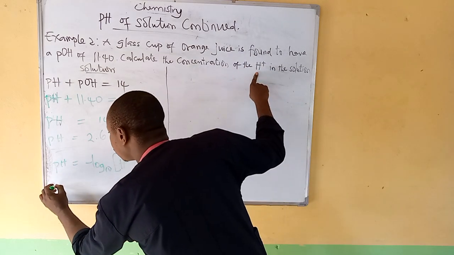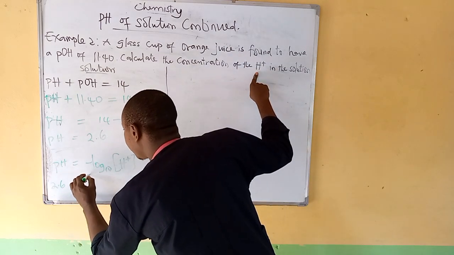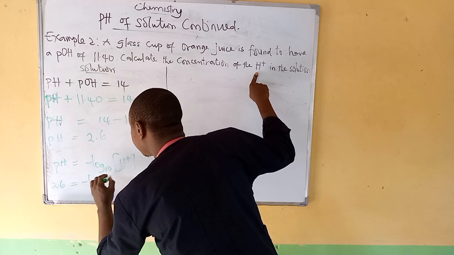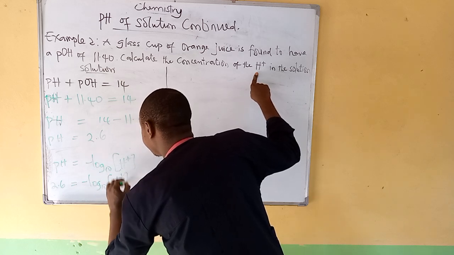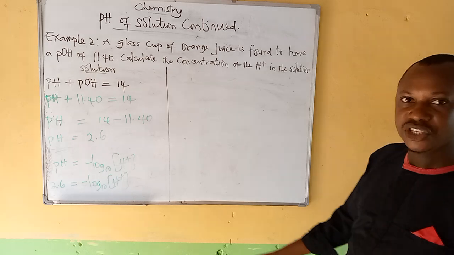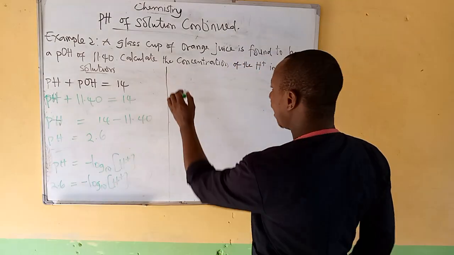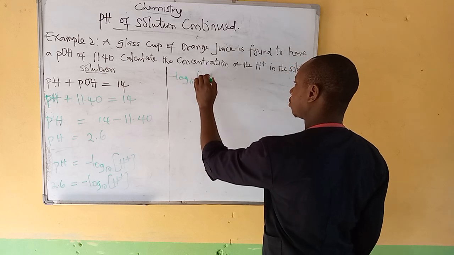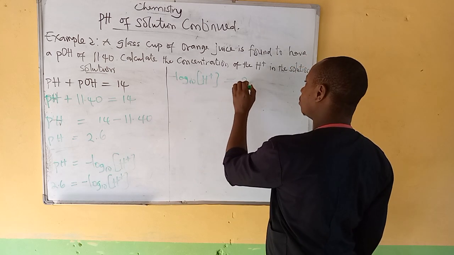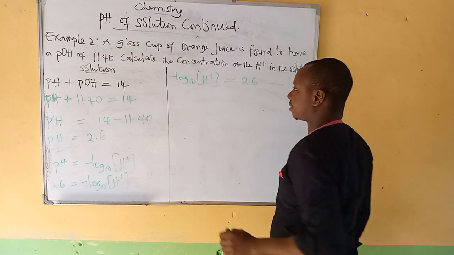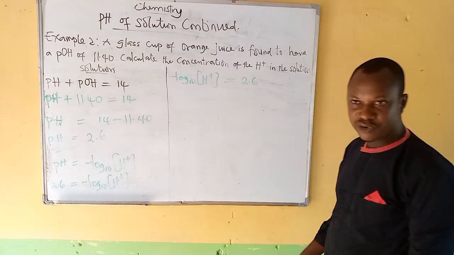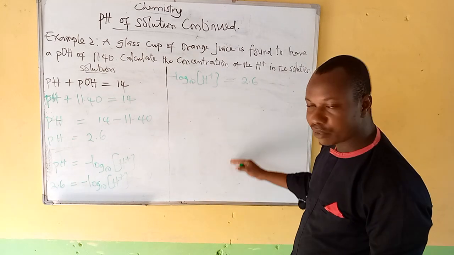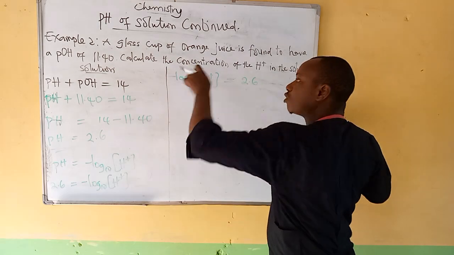So pH equals 2.6, which gives negative logarithm to base 10 of hydrogen ion concentration equals 2.6. You know mathematics, so let us multiply both sides by minus so that this minus will go off.